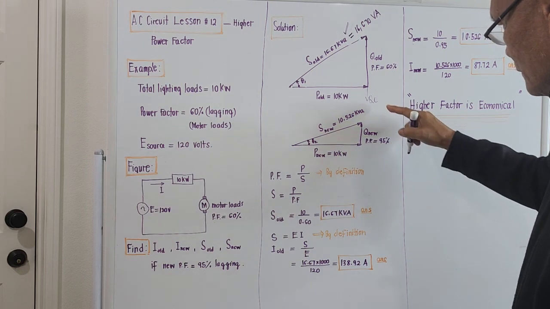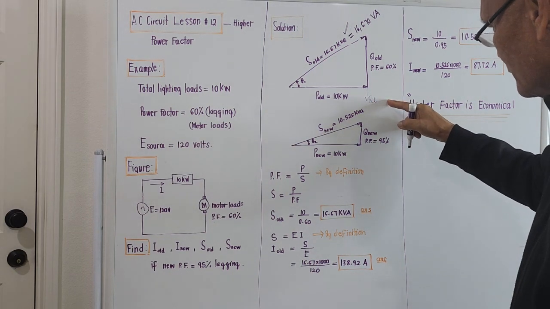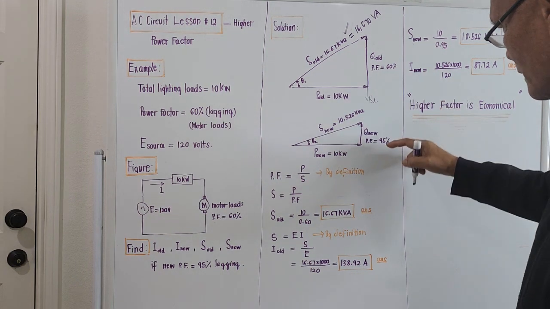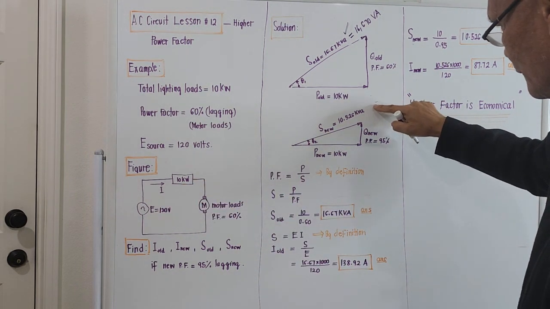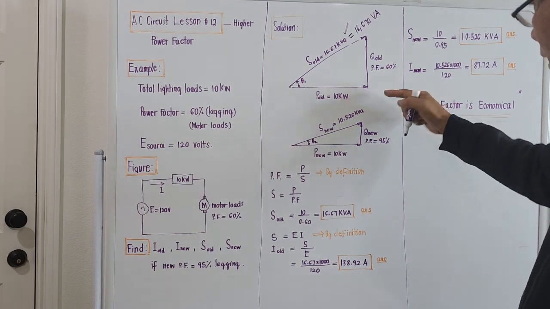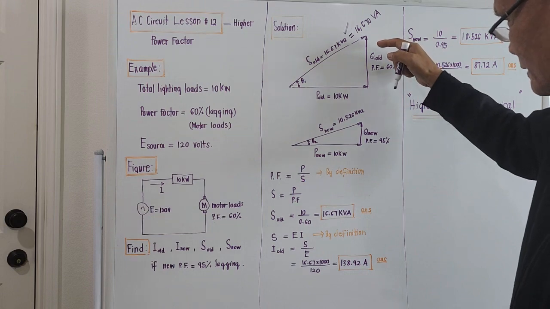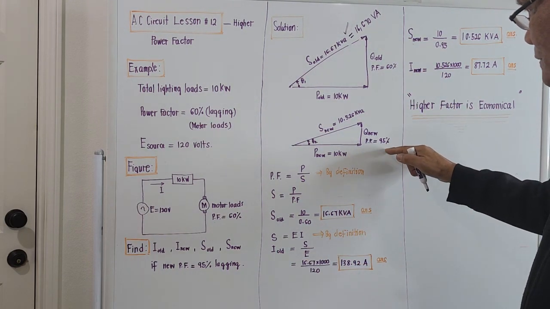Maybe the solution is that we add a Q sub C to increase that 60% to 95%. That's the reason why. Okay, so I will remove this one for the meantime. For this to increase, actually, we add a Q sub C to contradict the original reactive power of the motor loads. So it will increase to 95%.